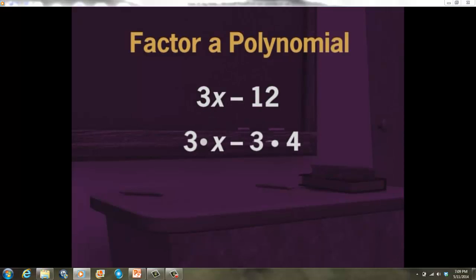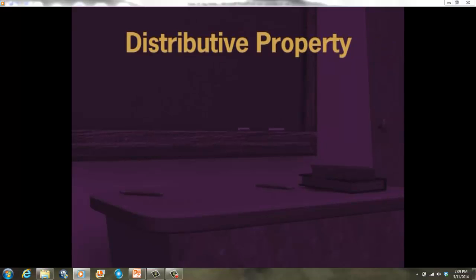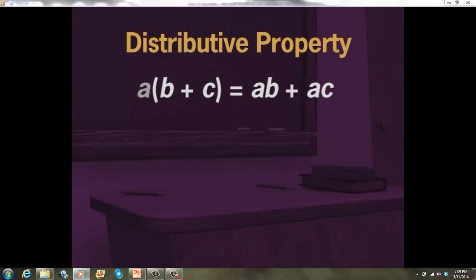I think I see what you mean about working in reverse. But how does it actually work? The distributive property allows us to factor. Recall that when a quantity A is multiplied by a sum, A is distributed to each of the terms inside the parentheses.